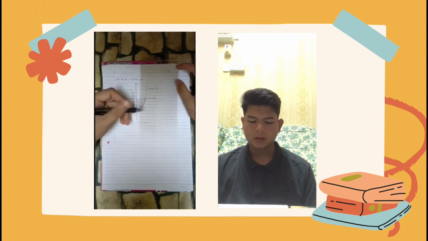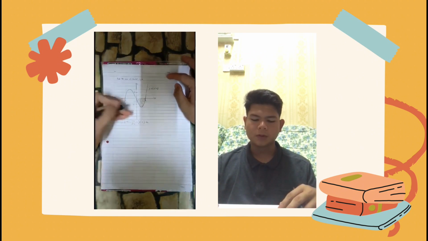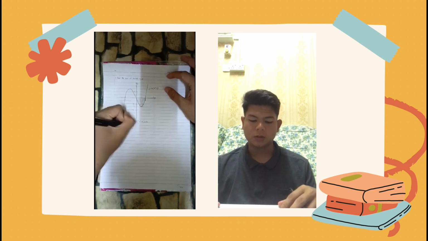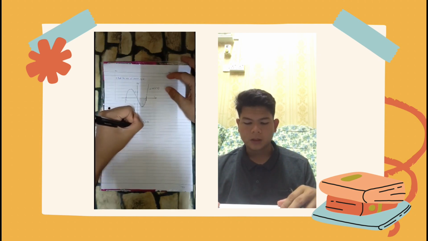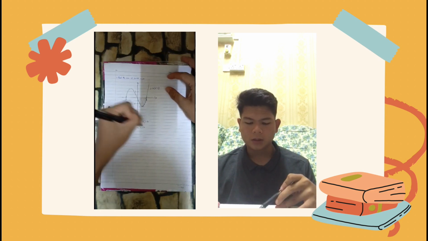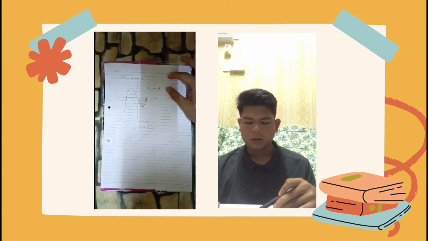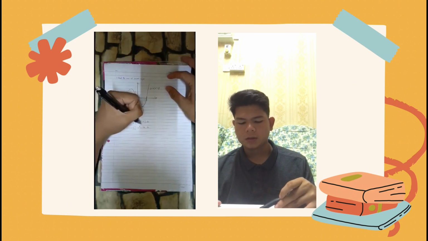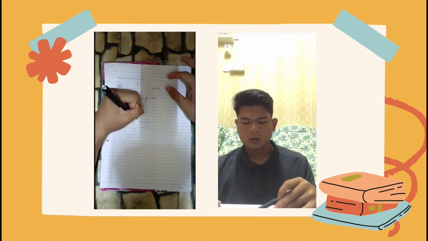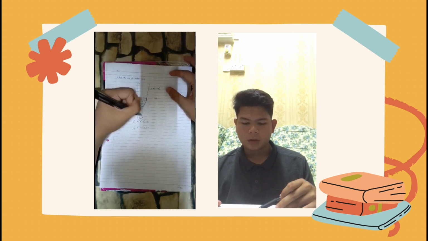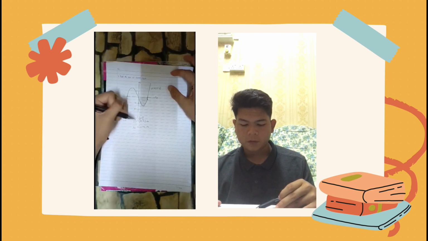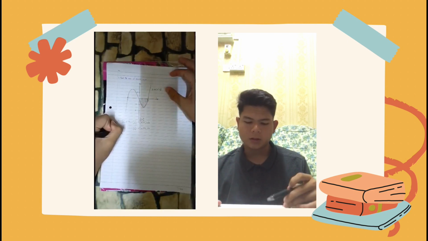Okay, then we solve the first equation by multiplying the x outside the brackets to the inside. So the x squared is going to be x cubed and minus 4 will be minus 4x.